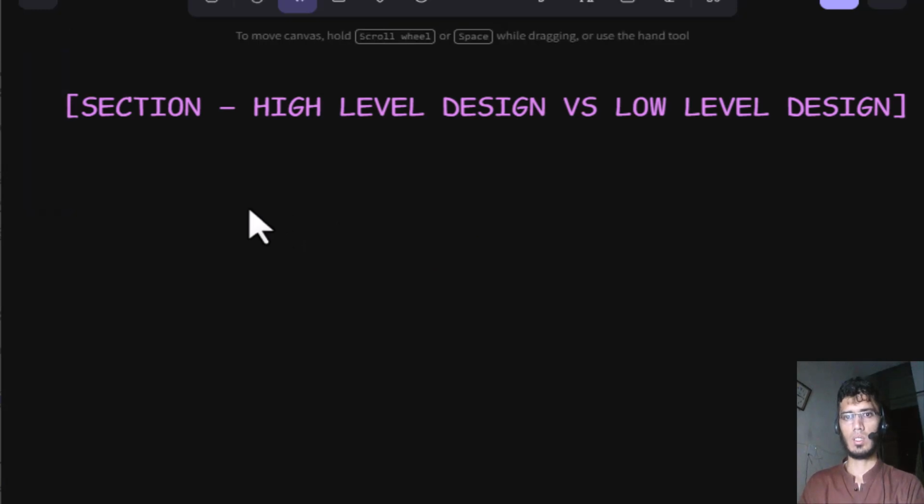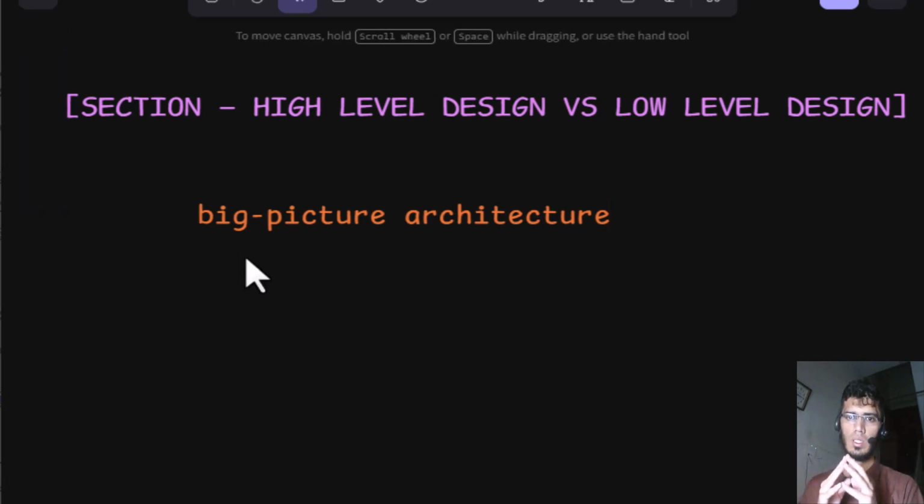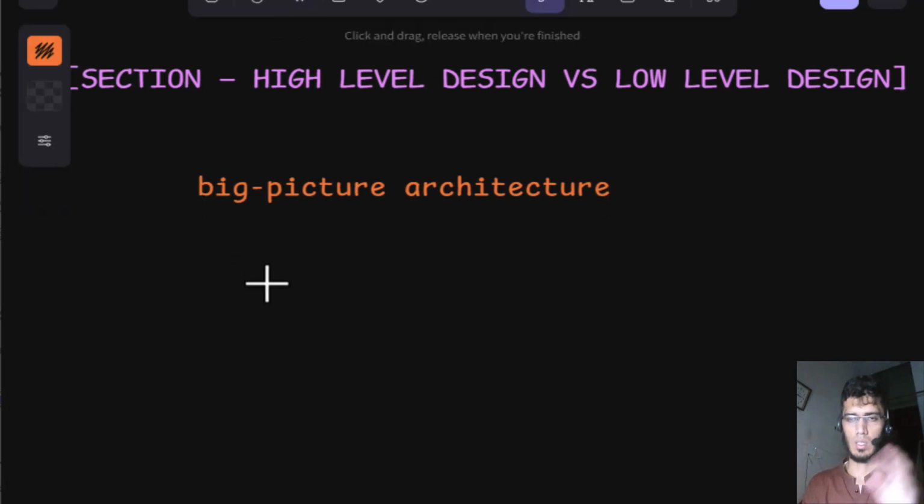So now let's come to the difference. What is high level architecture? High level architecture is nothing but the big picture architecture, as I described earlier in the real time code system. As I draw an architecture diagram, here we create an architecture diagram.